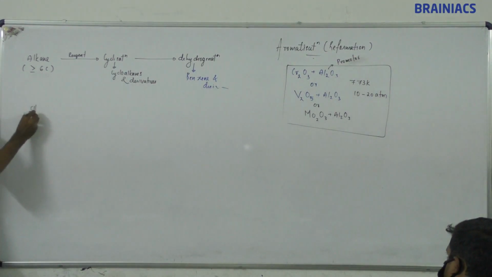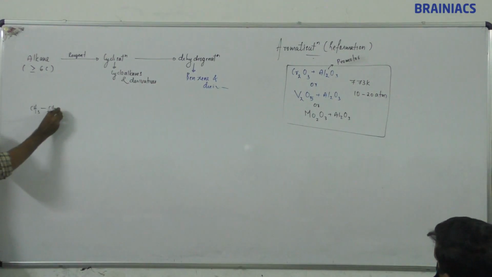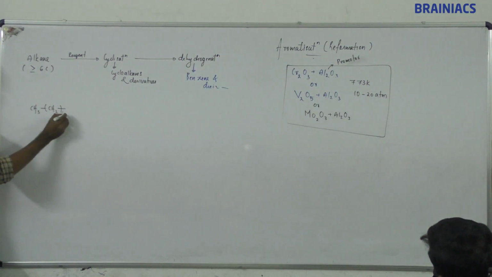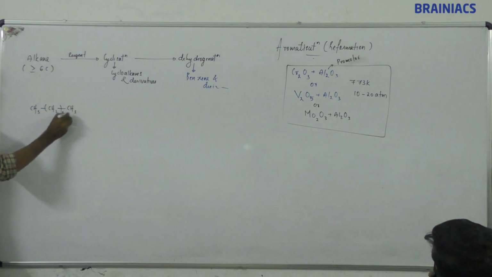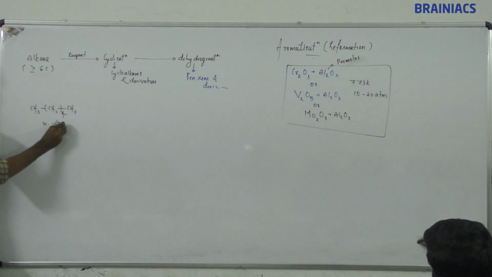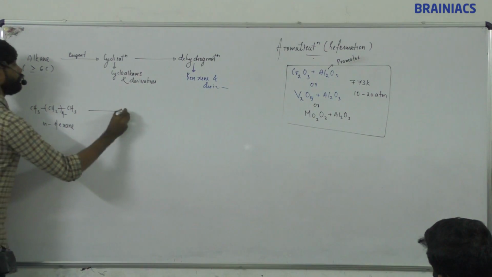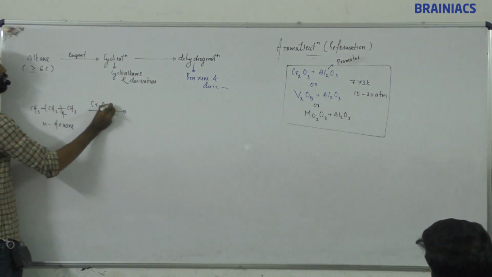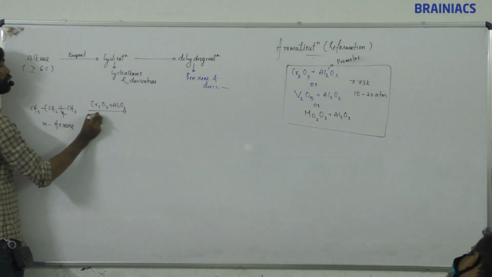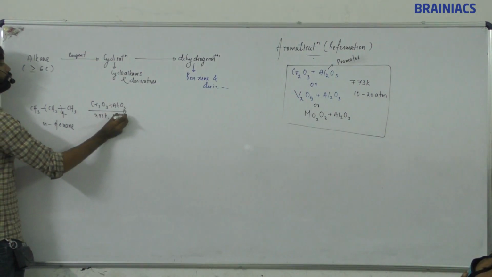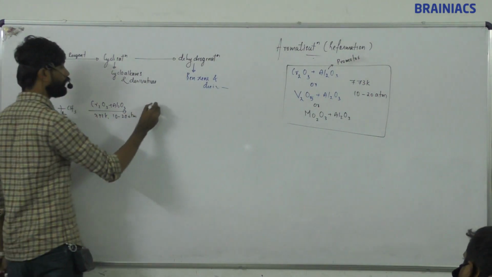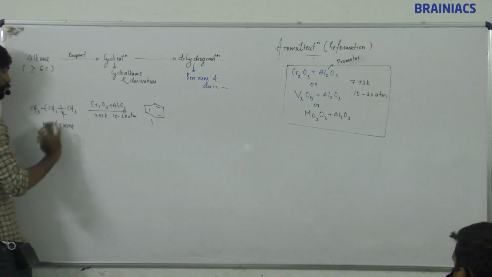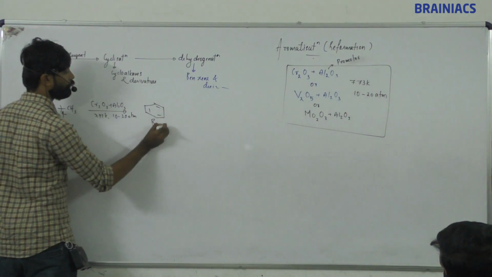Okay, wait. I have normal hexane. Normal hexane means CH3, CH2 four times, CH3. Reaction with the reagents becomes benzene, a total of 6 carbons.